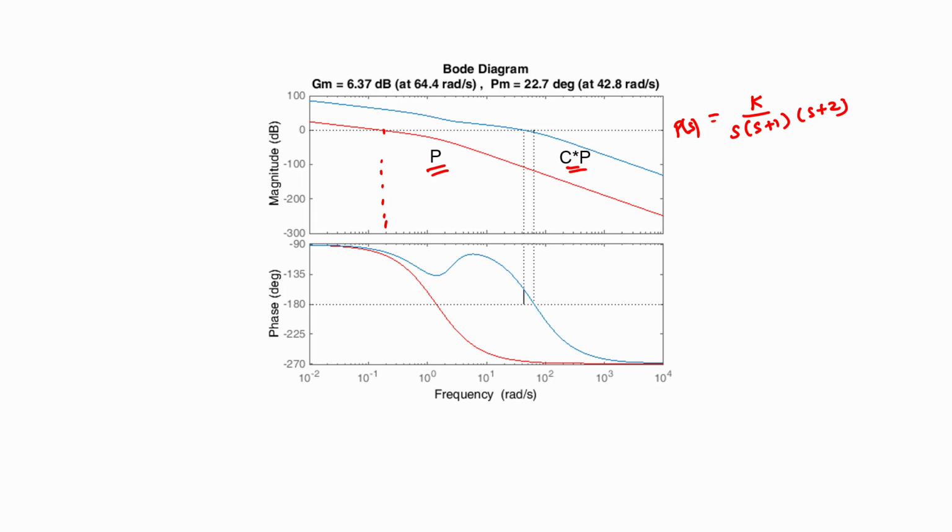Whereas the gain crossover frequency of the plant times the controller is exceedingly large, about 42.8 radians per second. This is significantly higher than the location where we wanted our dominant closed loop dynamics to lie, which was at minus 1.5 plus minus 2j.